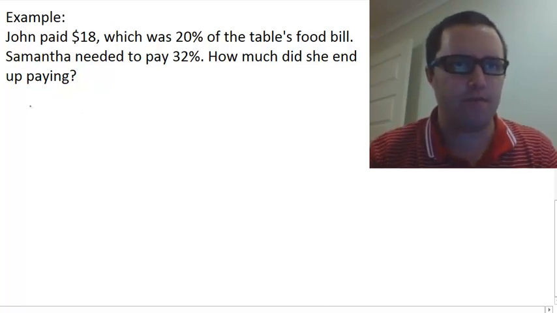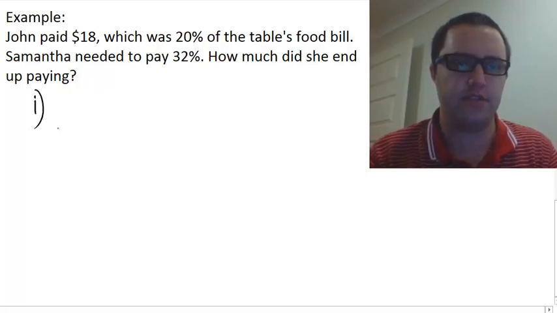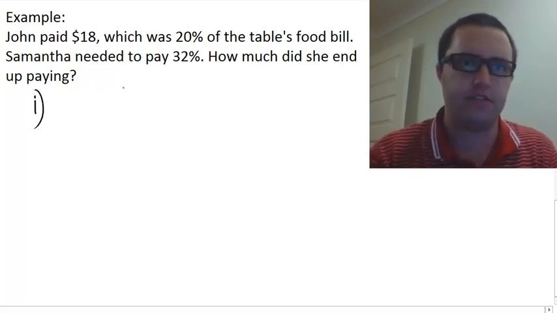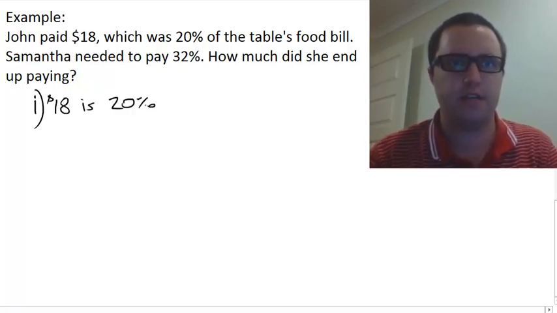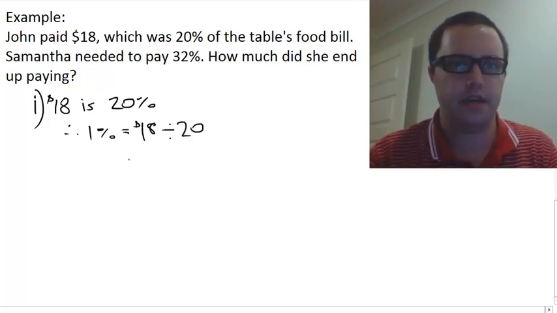So step 1 is to reduce $18 to its unitary amount. $18 is 20%. Therefore, 1% is equal to $18 divided by 20, which is $0.9. Okay, 90 cents.